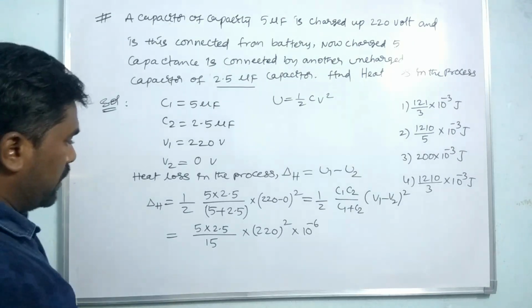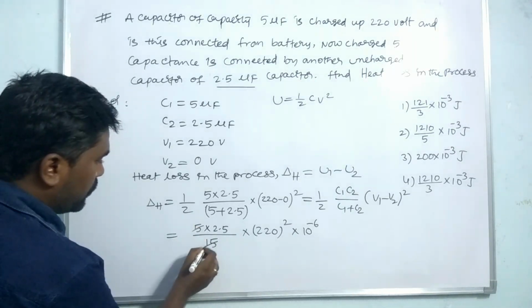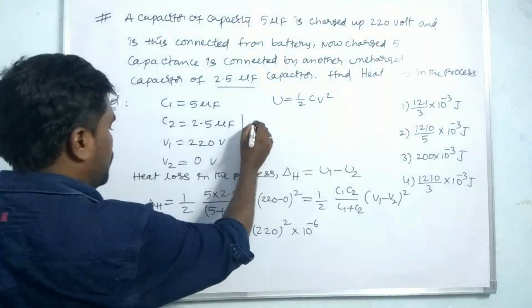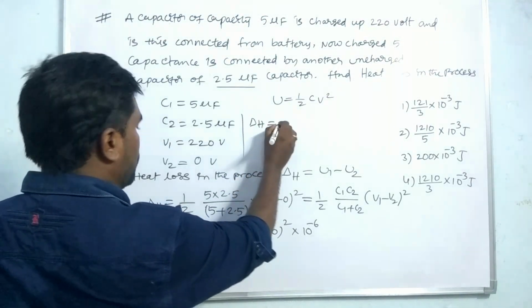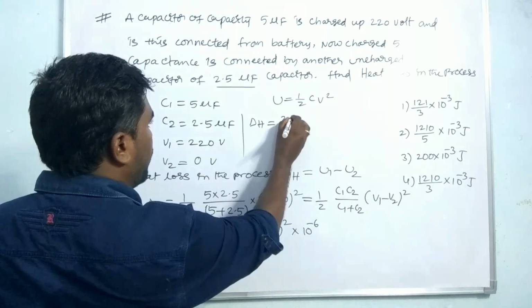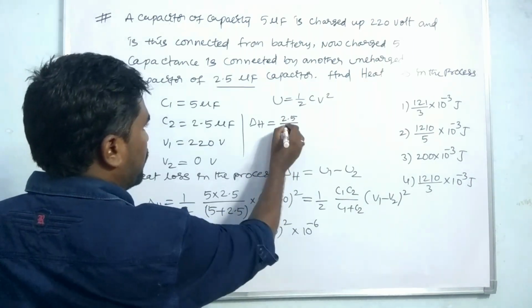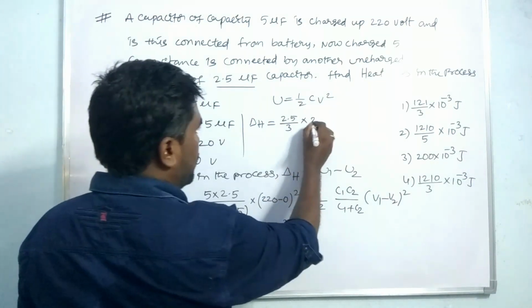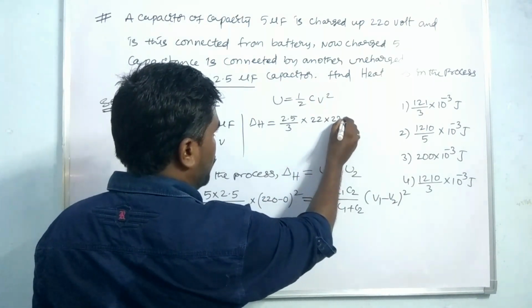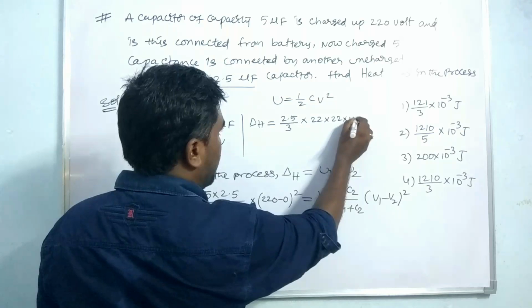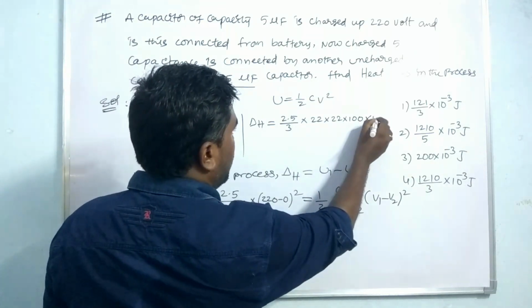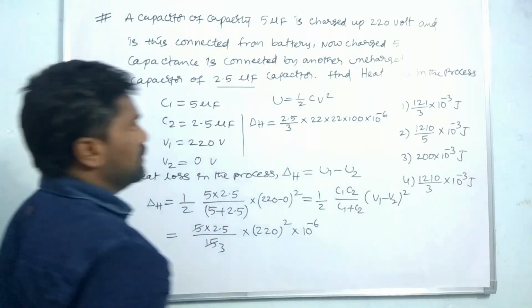Here we need to multiply. So delta H is equal to 2.5 by 30 into 3 into 220 square. 220 square is 22 into 22 into 10 into 10, 100, into 10 power minus 6.